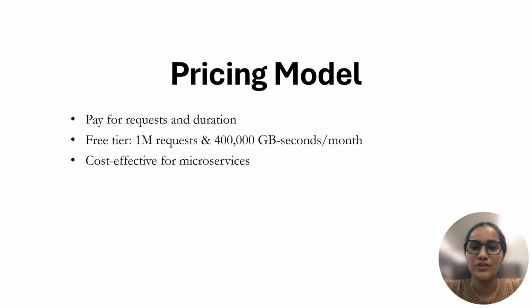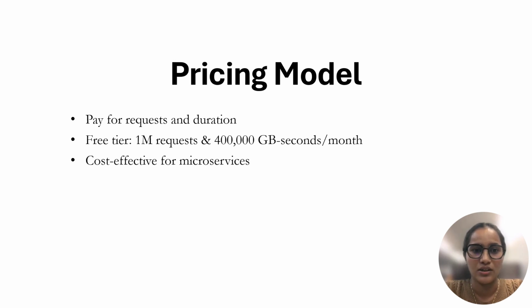Pricing model. In today's world, it is super important to watch the budget. Lambda pricing is one of its biggest advantages. You pay for two things: the number of requests and the compute time your function uses. It is basically pay as you use, so whenever your code runs, you have to pay. But if the code does not run, you are not charged.